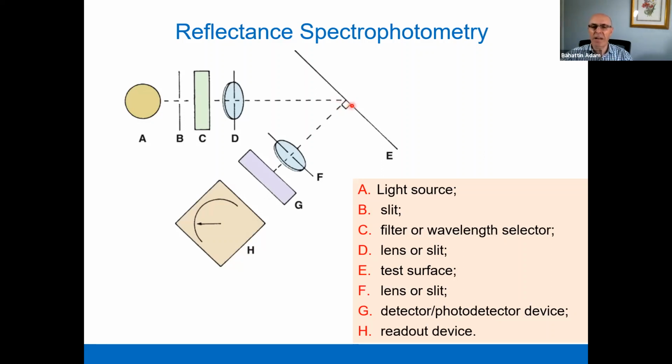Then some of the light will reflect. We measure the intensity of the light reflected from the test tubes. It comes onto the other lens, through a slit or lens, and then onto the detector or photodetector device, and the readout device will give us a graph of this light.